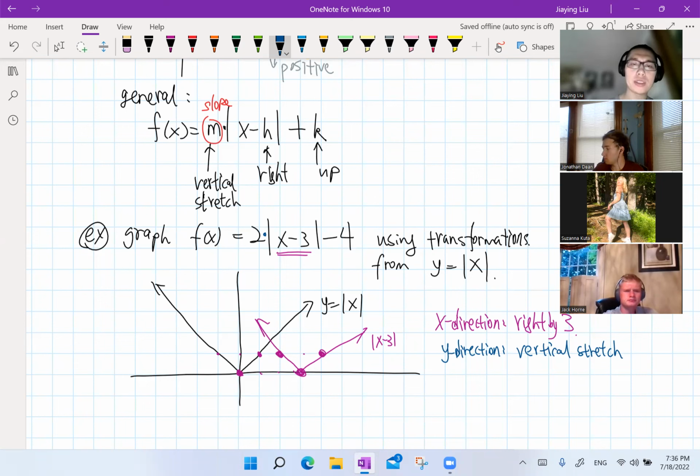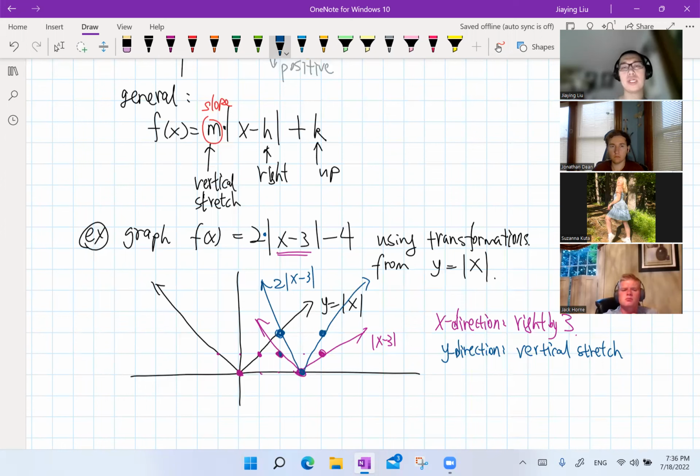But the point on the x-axis doesn't go anywhere, because 0 times 2 is 0. But the point on the left is going to go up, because that's 2, 1, so that becomes 2, 2. And the point on the right, that's 4, 1, that's going to be 4, 2. So we end up with this graph. This new one is 2 times the absolute value of x minus 3.